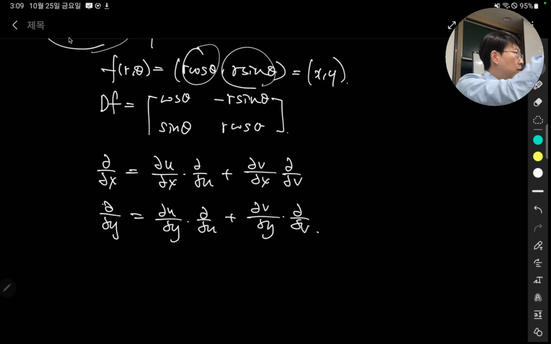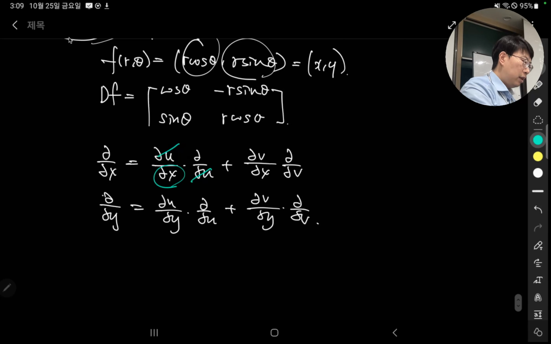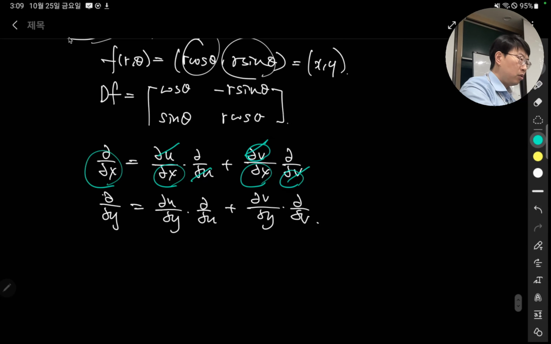The way you can memorize this chain rule is that u and v are functions of x and y, so you want to count all the u and v in the change of x and y. And you can consider that u here cancels out to get just dx here, and v here cancels out to get just x here. So that's why you get del x, and the same for del y.